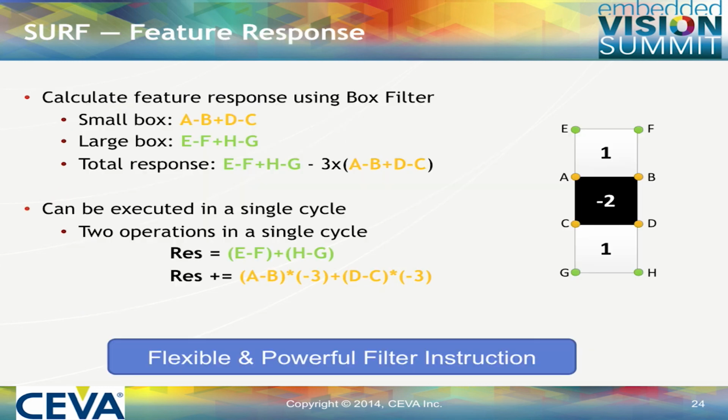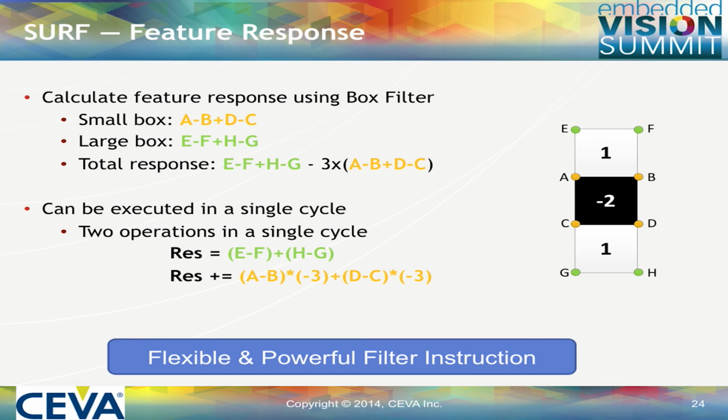The second module I want to talk about in SURF is the box filter. Actually, the feature in SURF is based on these kinds of features, where I want to calculate the large box and subtract the black box. And this is the computation that I need to do.